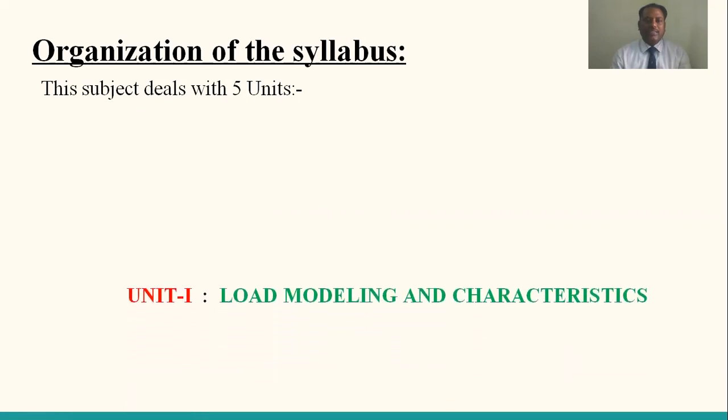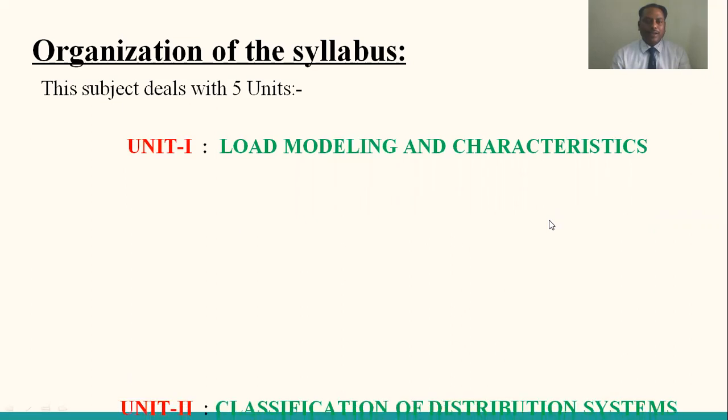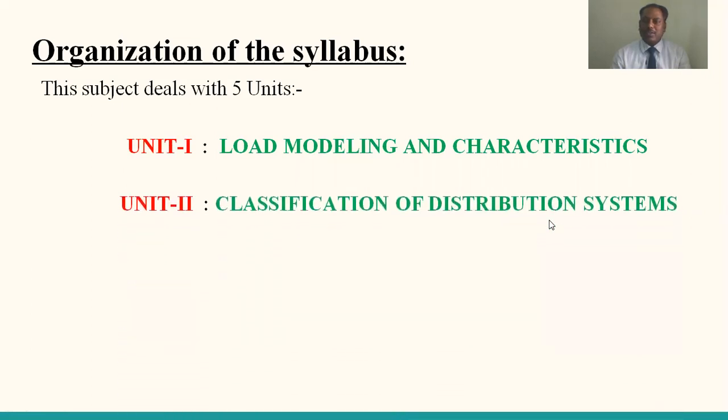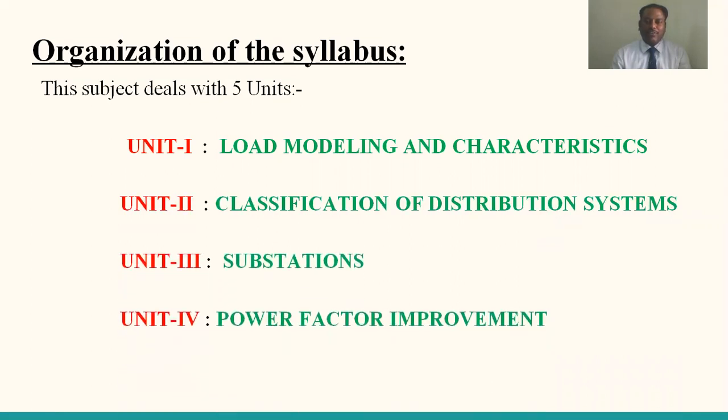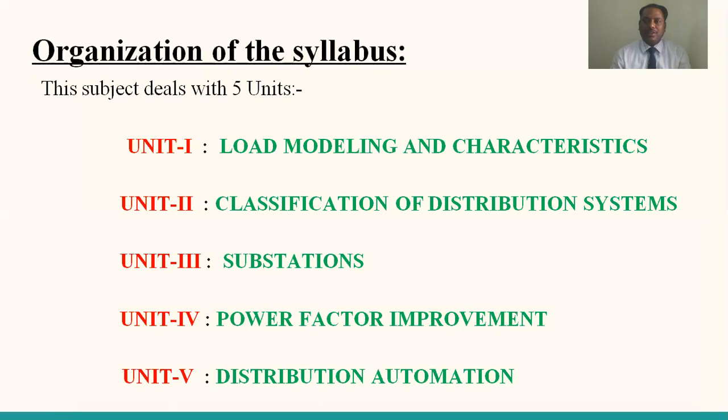Unit 1 consists of load modeling and characteristics, unit 2 is the classification of distribution systems, unit 3 is substations, unit 4 is power factor improvement and correction, and unit 5 is distribution automation. These are the 5 units we are going to discuss. Let us see them one by one.